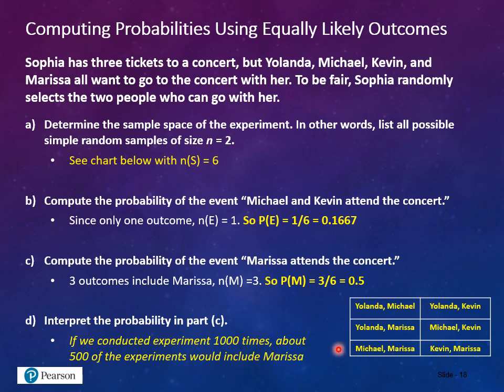The probability really just says that everyone has a 50-50 shot of getting it. But if we're talking about the probability in light of the law of large numbers, then we would pick a large number of observations and then conclude that about half of them should include Marissa in this case, or a candidate.